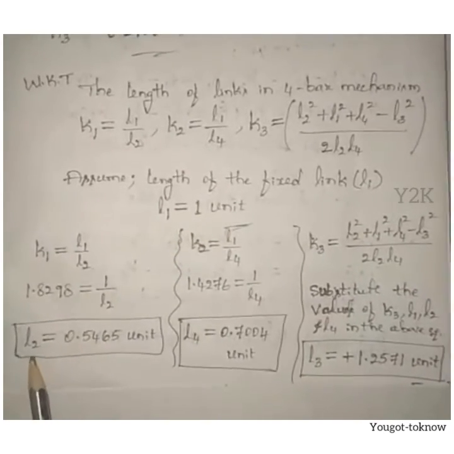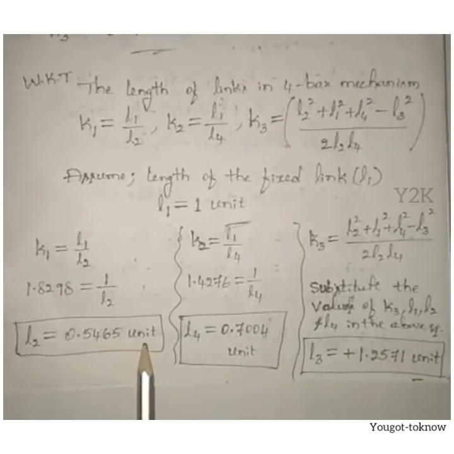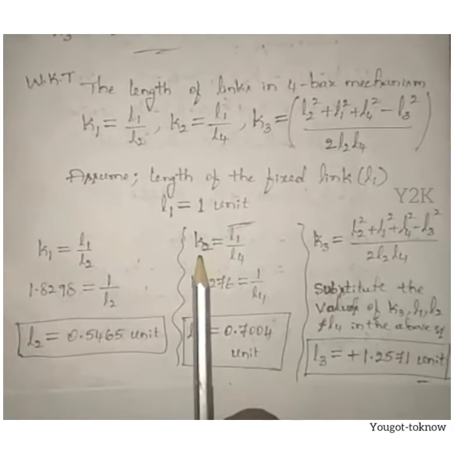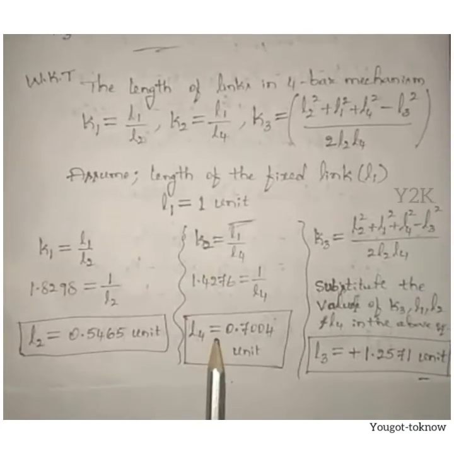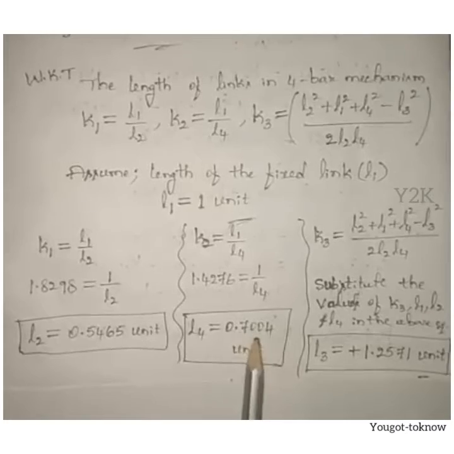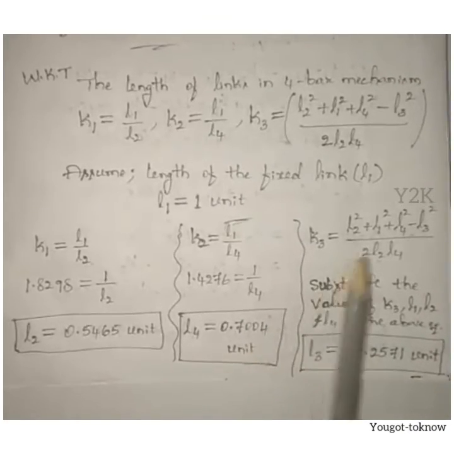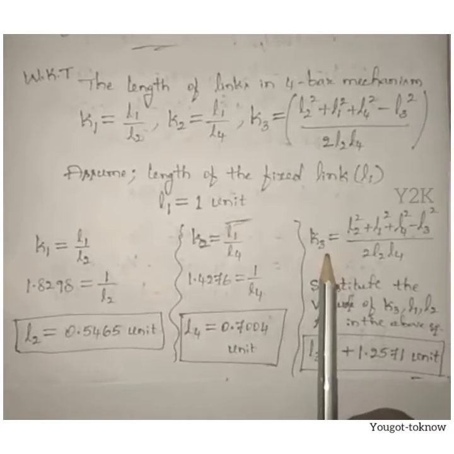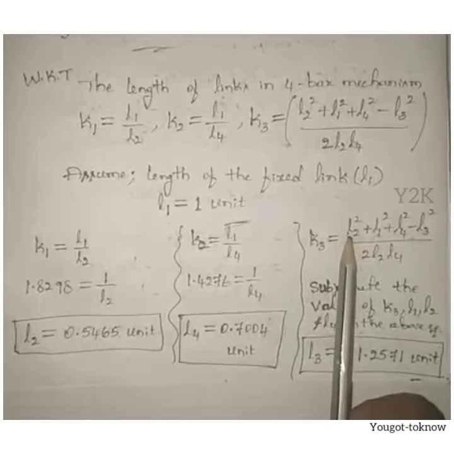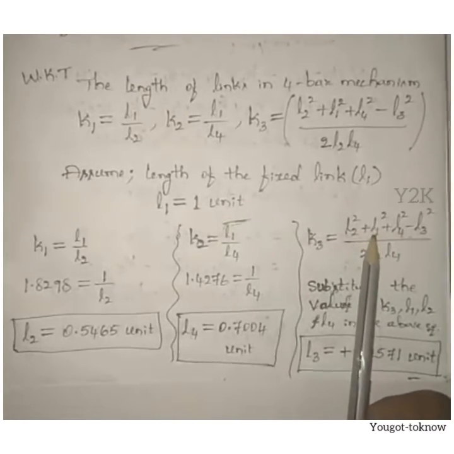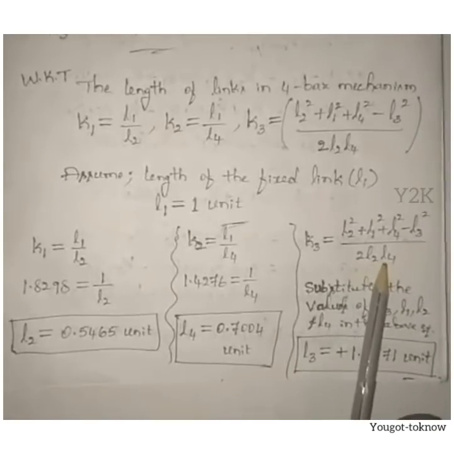The value of L2 equals 0.5465 unit. Similarly, from the K2 equation, L4 equals 0.7004 unit. Then in the K3 equation, we know K3, L1, L2 and L4.